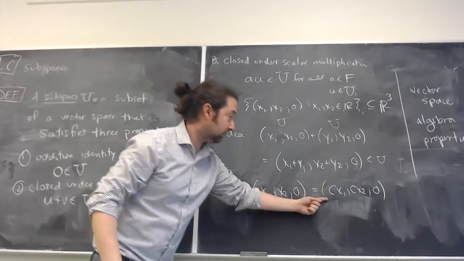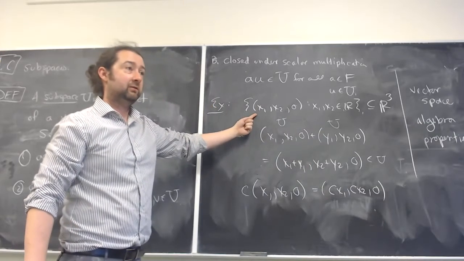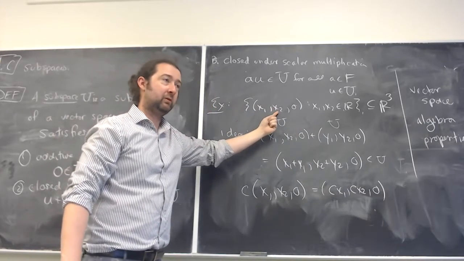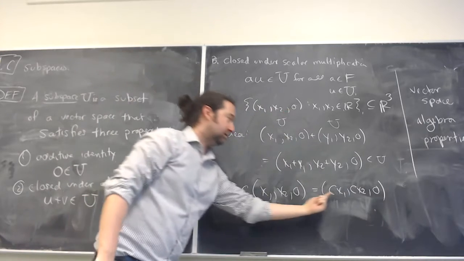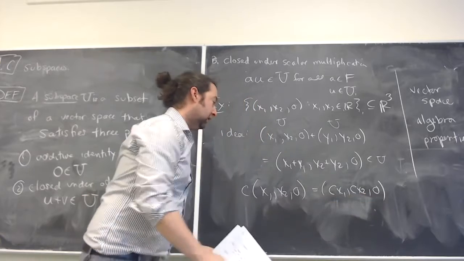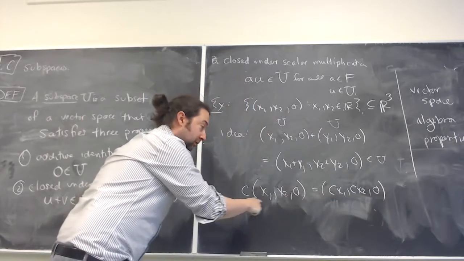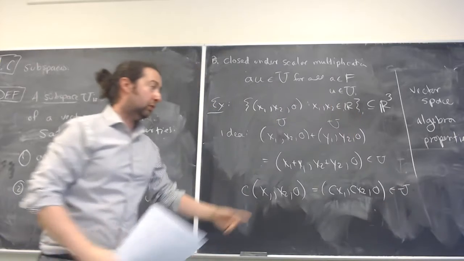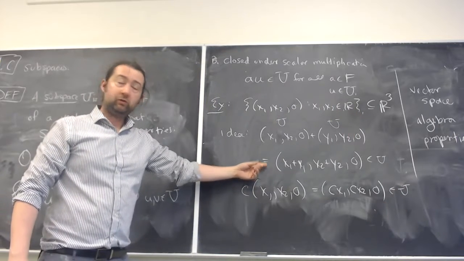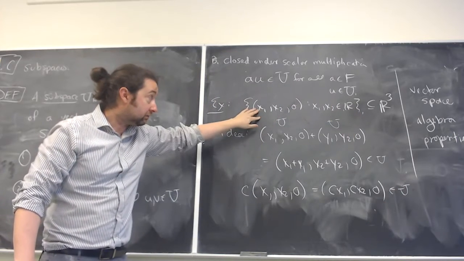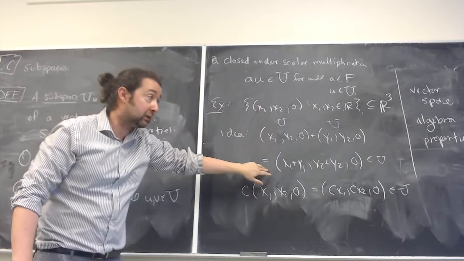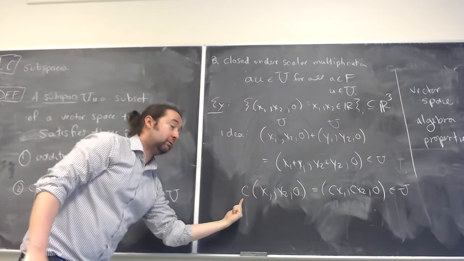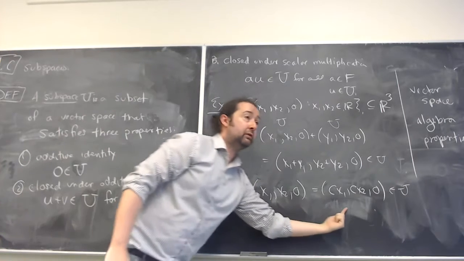Is that thing part of that set? Well, is it a real number, comma, a real number, comma, 0? Yeah. So this was some scalar. This is in U, and this is also in U. So it's closed under scalar multiplication. I start with two things in this plane, and I add them, and I get another thing in the plane out. I multiply something in the plane by a number, and I get another thing in the plane out the other side.